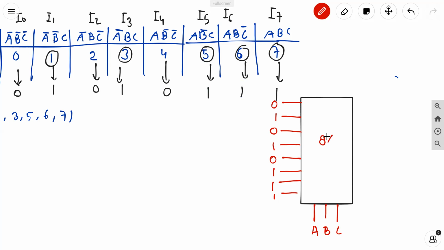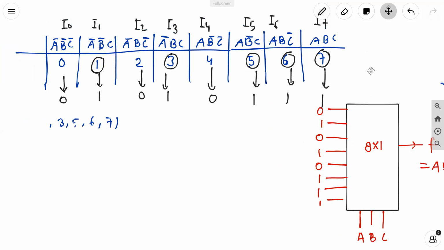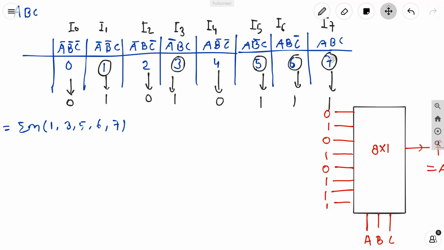So using an 8:1 mux, the same function f, which is equal to AB plus C, will be implemented in this way. This is the technique of implementing the AB plus C function using an 8:1 multiplexer. For an 8:1 multiplexer, if your function has only three variables, then there is no scope of using any variable at the inputs. All three variables have to be used at the select lines.